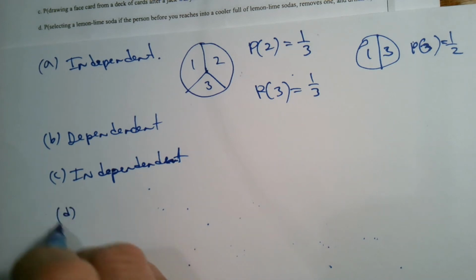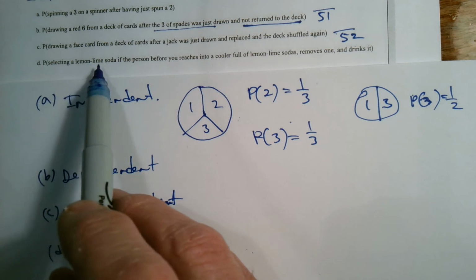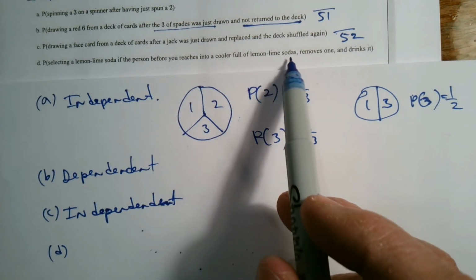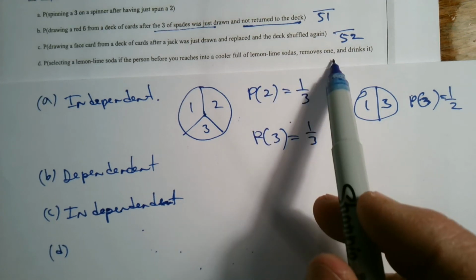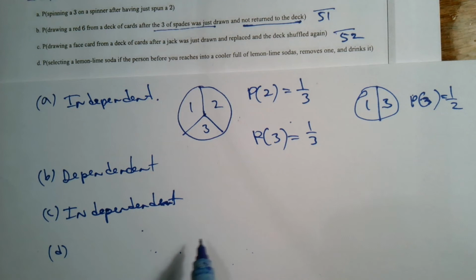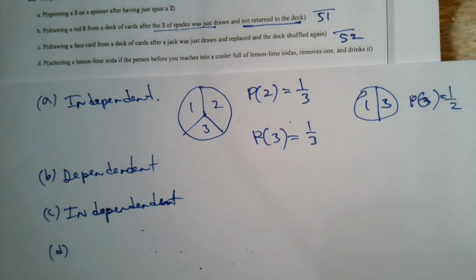Okay, last one, D. D says selecting a lemon lime soda if the person before you reaches into a cooler full of lemon lime sodas and removes one and drinks it. So you have a cooler full of sodas, and what's the probability of grabbing a lemon lime soda? If it's only full of lemon lime sodas, it's a pretty good probability that you're going to grab one.